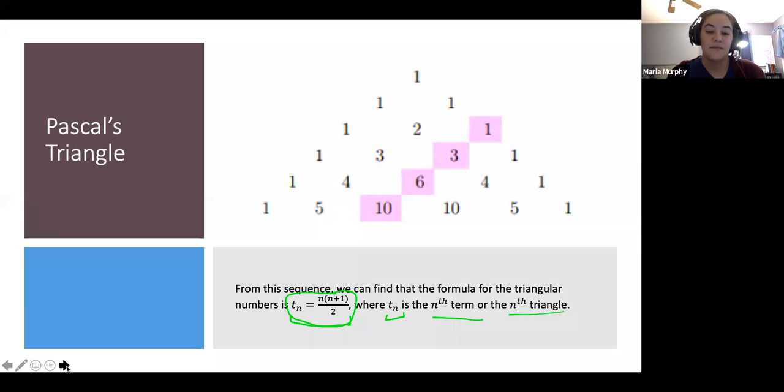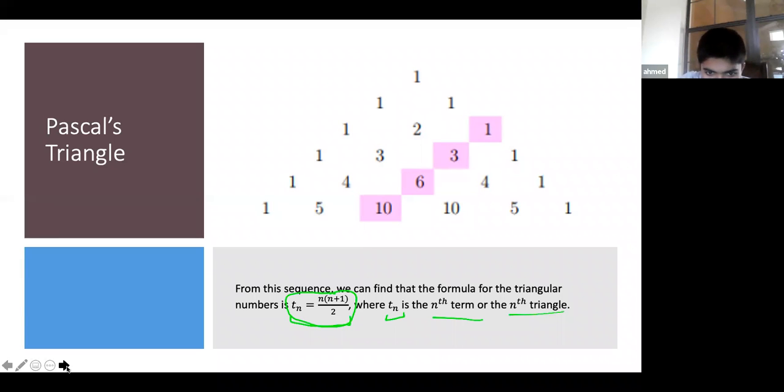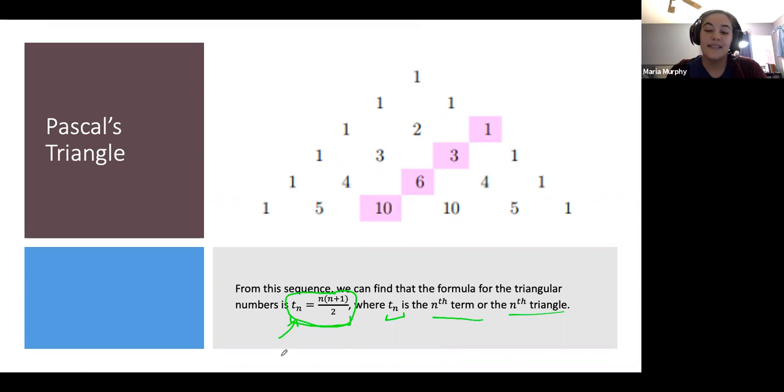I wonder how you would read that: Tn equals n times n plus 1, divided by 2. Well, let's say that n is the number you choose, right? And you want to find, let's say, the triangular number of 4. Then n would be 4, right?